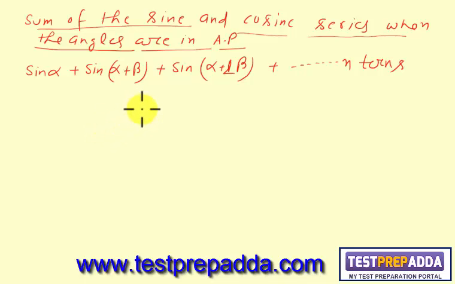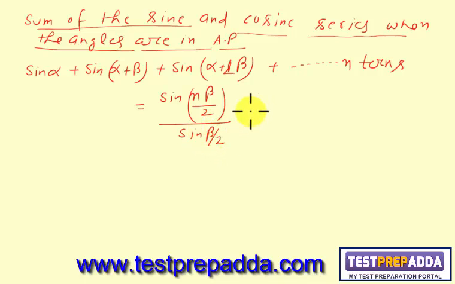Then the result is sine n beta by 2 upon sine beta by 2 and sine inside the bracket alpha plus n minus 1 beta by 2.